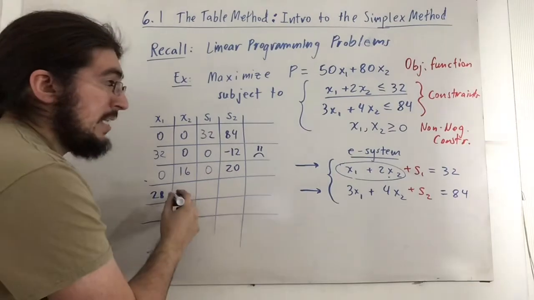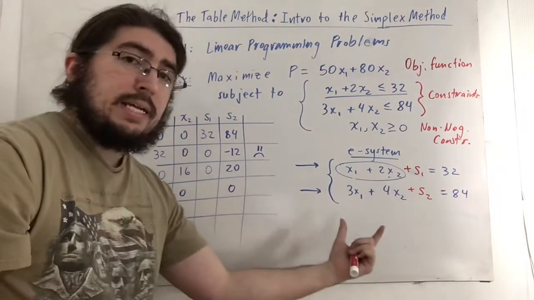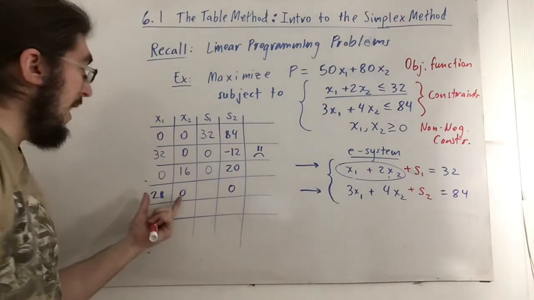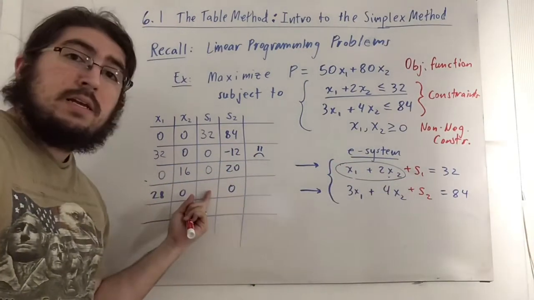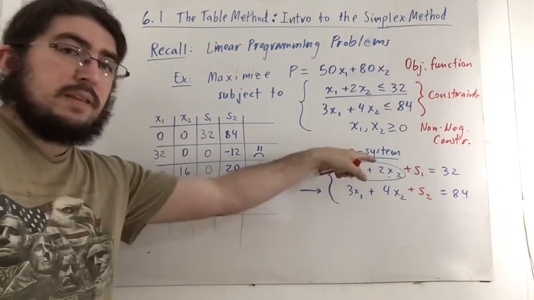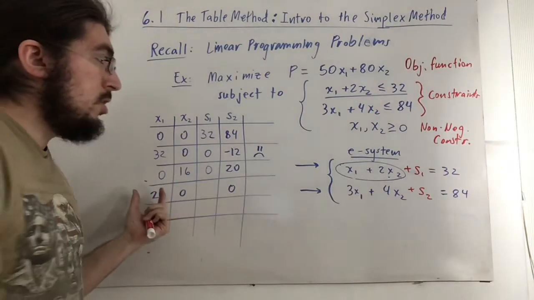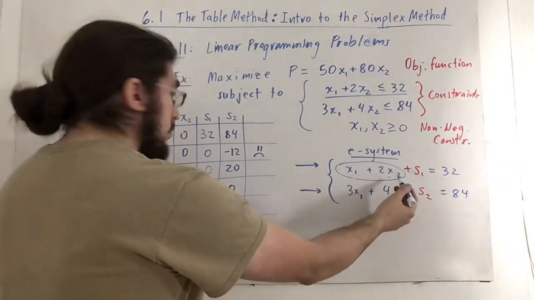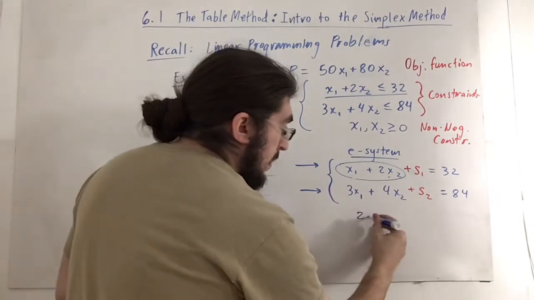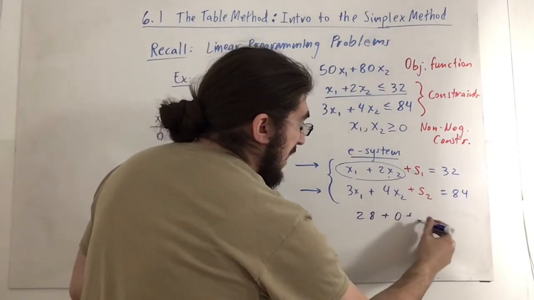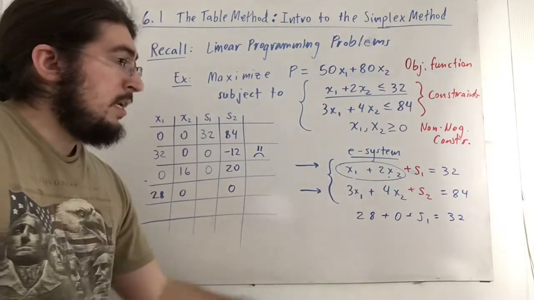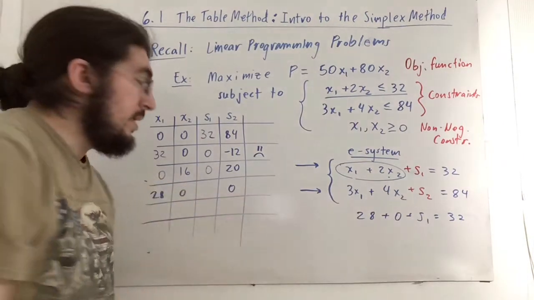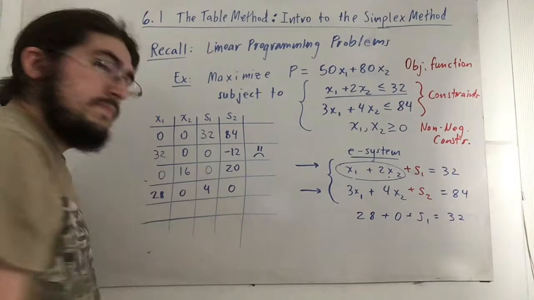And again, x2 and s2 are 0 in that case. If we plug x1 and x2 into the first equation to find out what s1 is, well, 28 plus 0 times 2 gives 28 plus 0 plus s1 is equal to 32. So subtracting 28, we get s1 is equal to 32 minus 28, which is 4. Good.